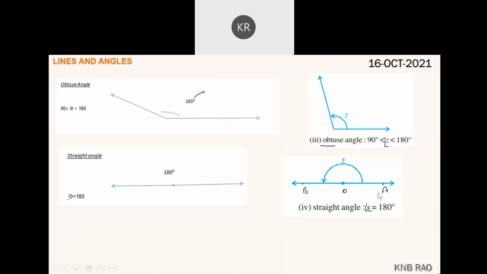If an angle is more than 180 degrees but less than 360 degrees, it is called a reflex angle. If it is 360, it is called a complete angle. A reflex angle is like the outer angle.